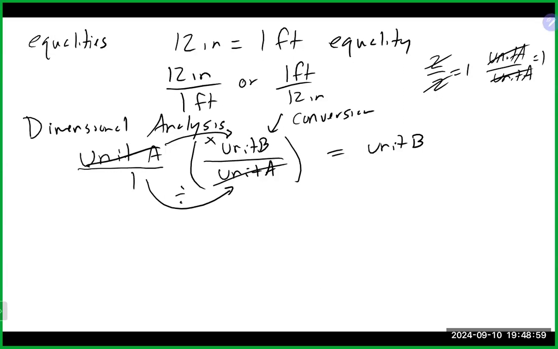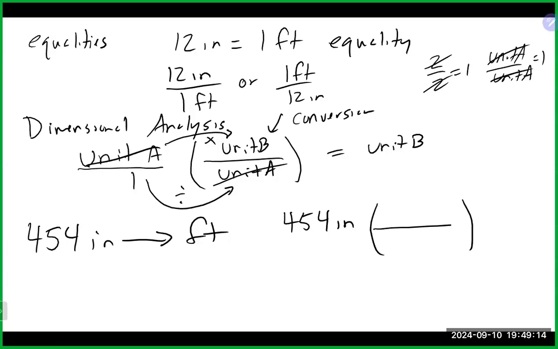So in this case, for example, if I had 454 inches and I wanted to know how many feet that was, the proper way to set this up is 454 inches. We use conversion factors and dimensional analysis to do this. Again, inches are up on top, which means we need it in the opposite location, which is right there. 1 foot is 12 inches.